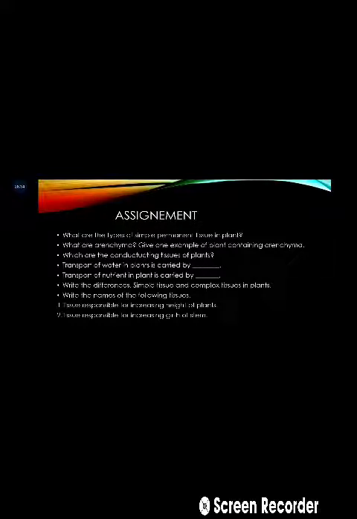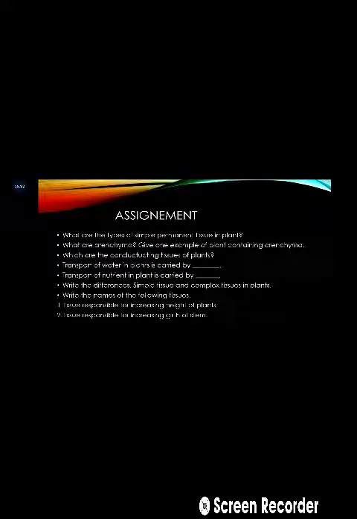Write the names of the following tissues responsible for increasing height of the plant. This we have studied in meristematic tissue. Apical meristem is the tissue responsible for increase in the height of the plant.